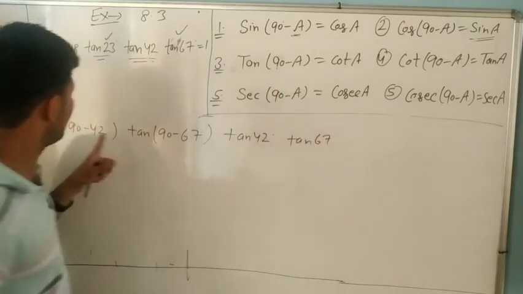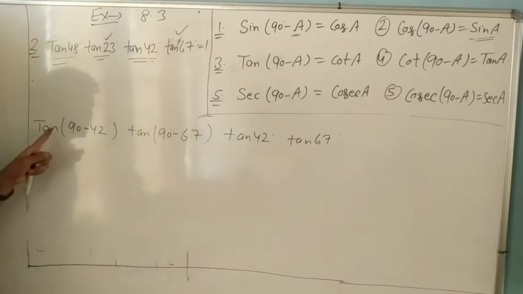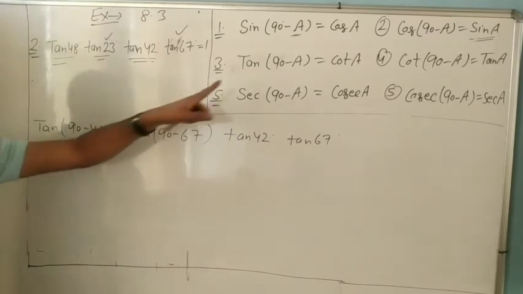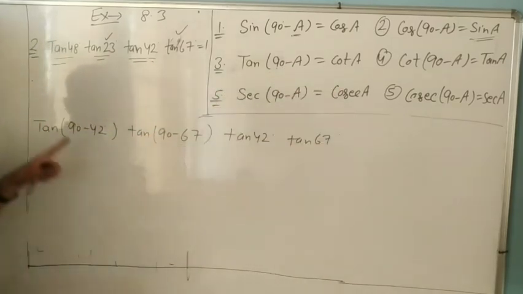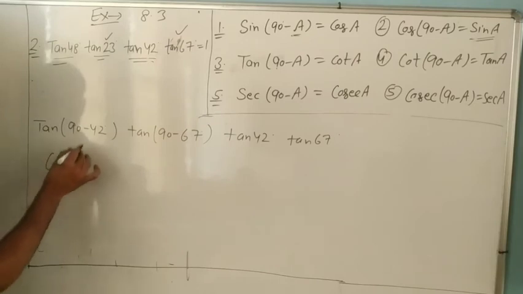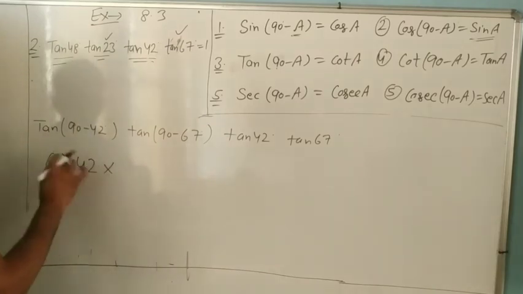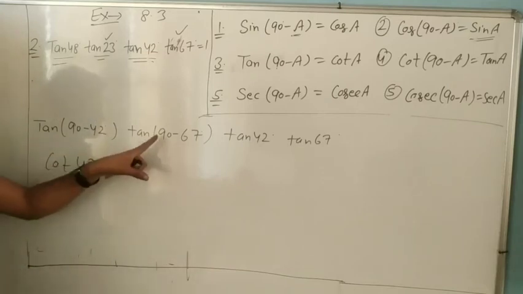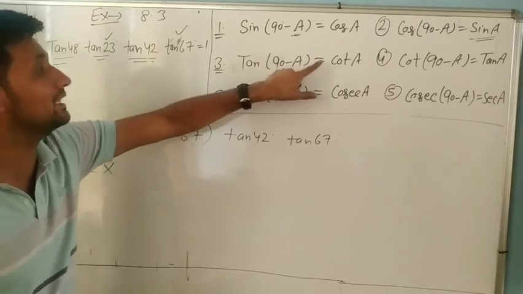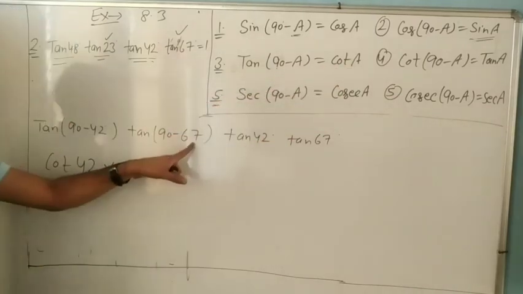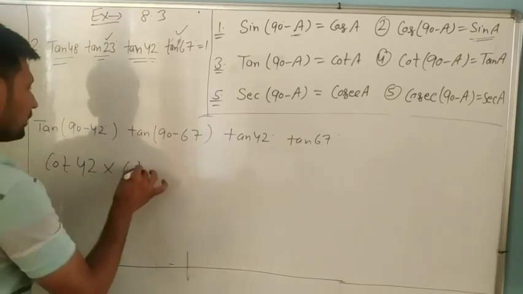Because we already changed it, it is 42. Okay, dear. Now tan 90 minus A is cot A. So it becomes cot 42. Multiply tan 90 minus 67. Tan 90 minus A is cot A, but in place of A here is 67. So it is cot 67.